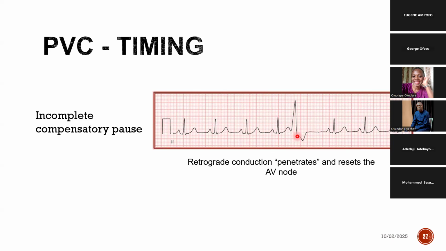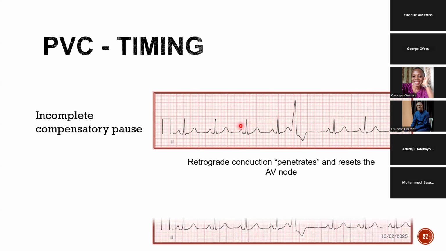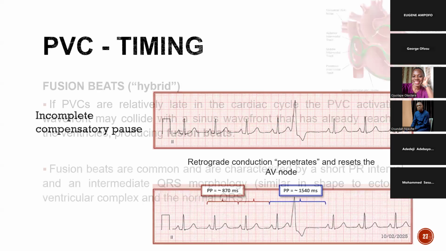And after the reset, the following QRS complex occurs a little earlier. So if you measure the RR interval between the QRS complex before the PVC and the one after, it's a little less than 2 times the regular RR interval.